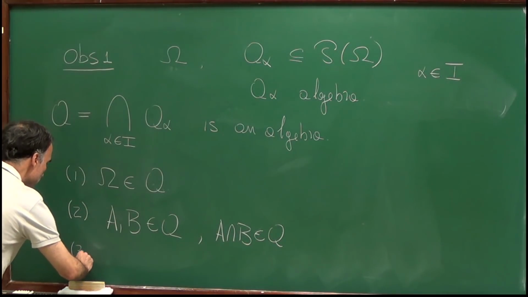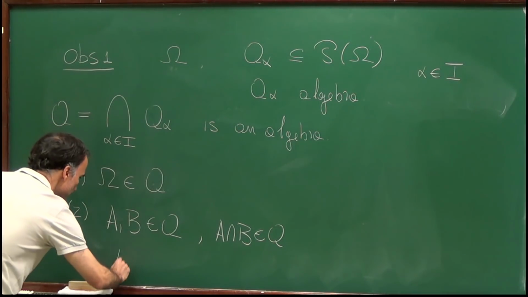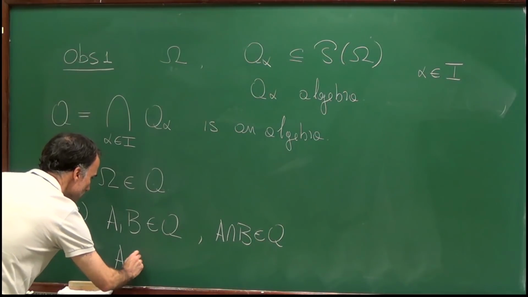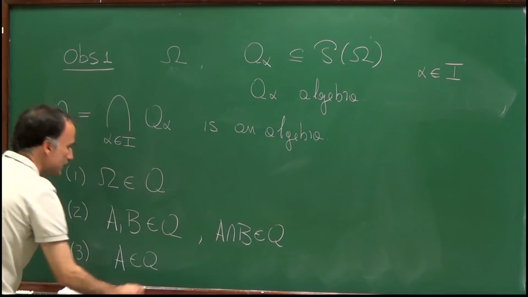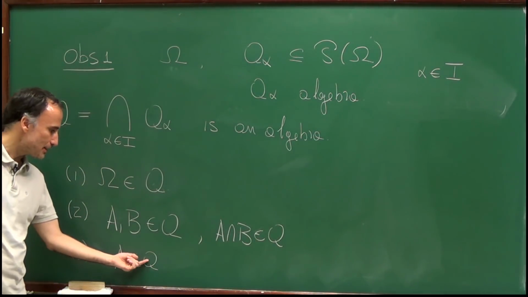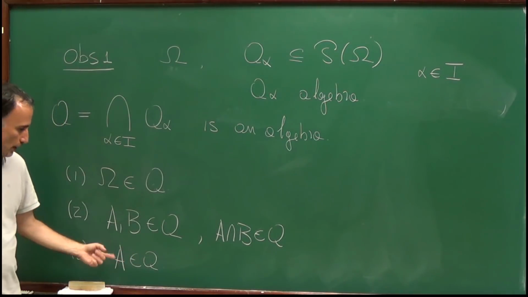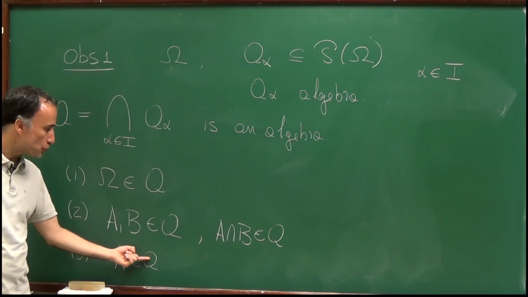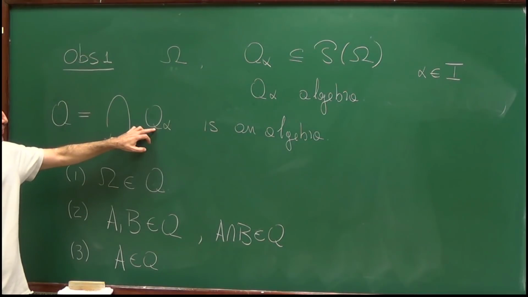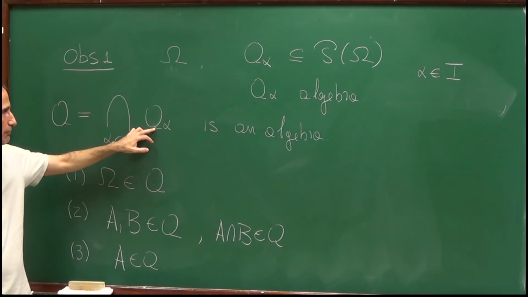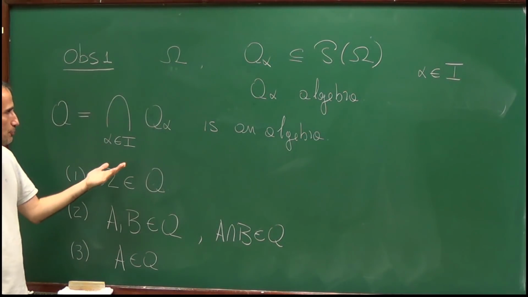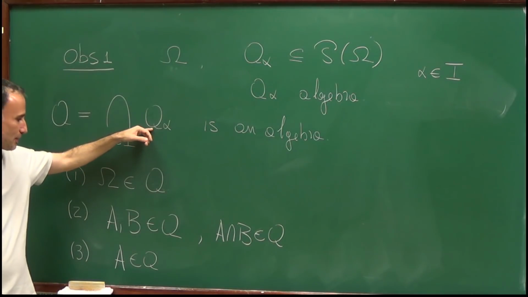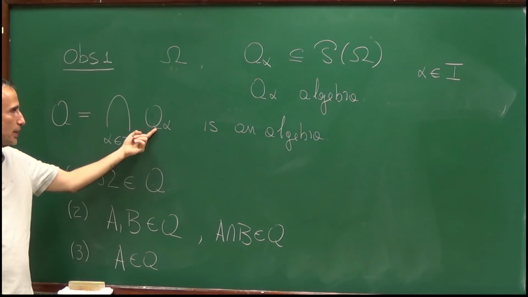Finally, we have to prove the third property. So let's fix a set A in the class A. Again, since A belongs to A, it belongs to each of these algebras A alpha. By the third property of an algebra, the complement of A belongs to A alpha.